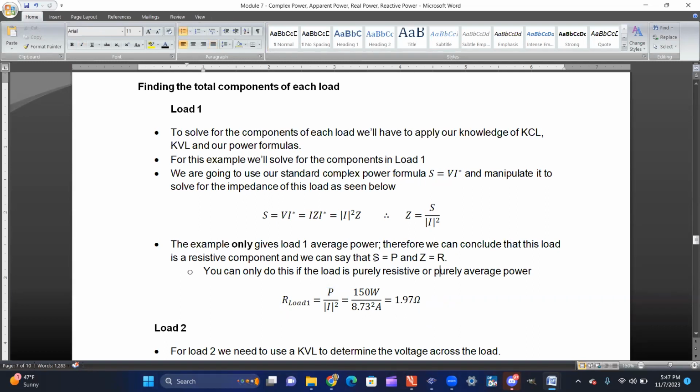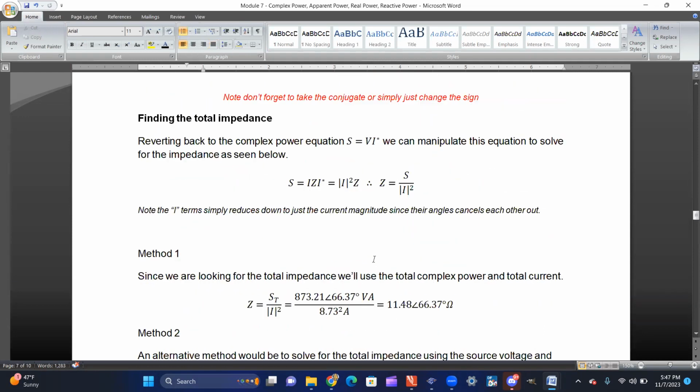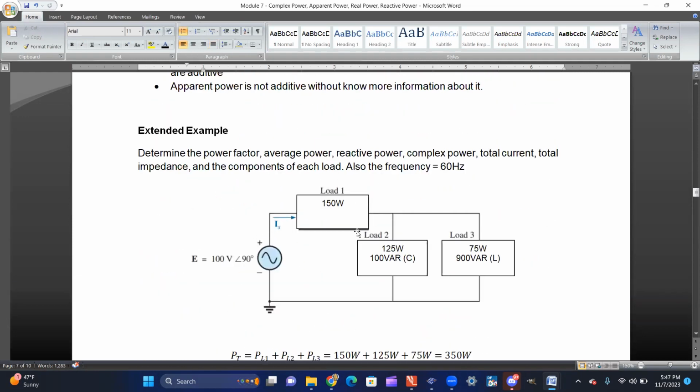So just to explain that one more time, whenever you're looking at this load right here, if I ask you what's the complex power of load 1, well, we all know the complex power is a combination of your active power plus your reactive power.